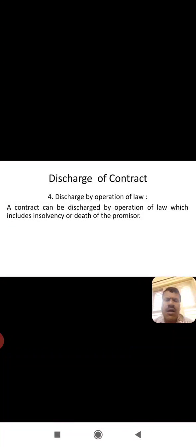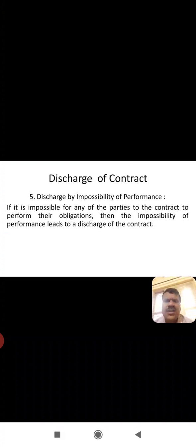Discharge by operation of law. A contract can be discharged by operation of law, which includes the insolvency or death of a promisor. Discharge by the impossibility of performance. If it is impossible for any of the parties to the contract to perform their obligation, then the impossibility of performance leads to discharge of the contract.